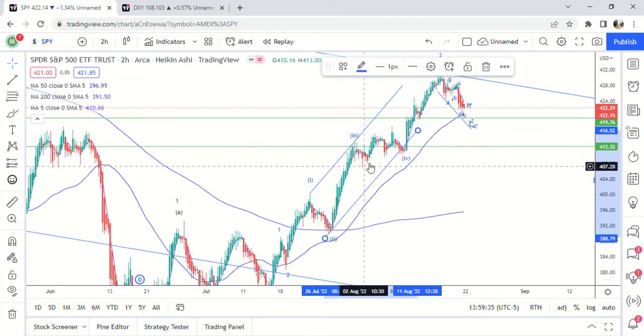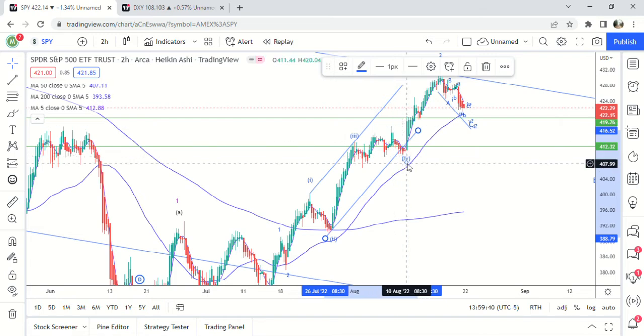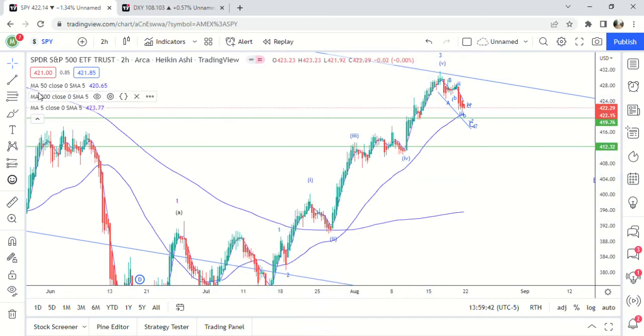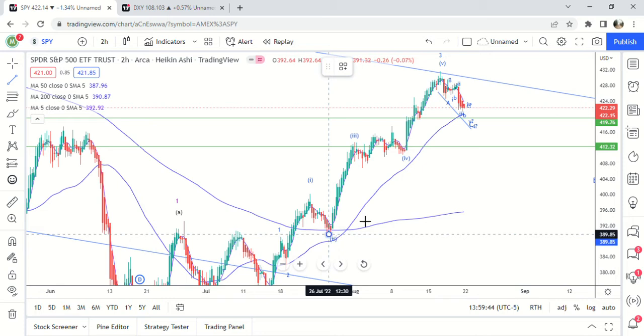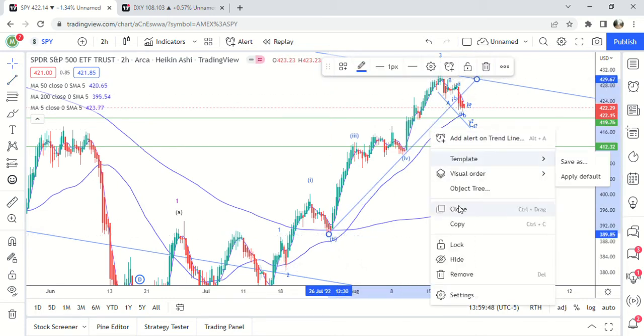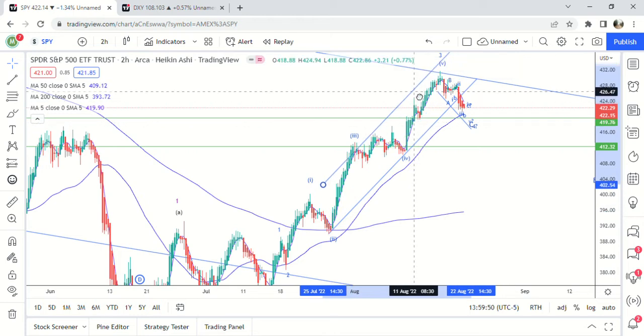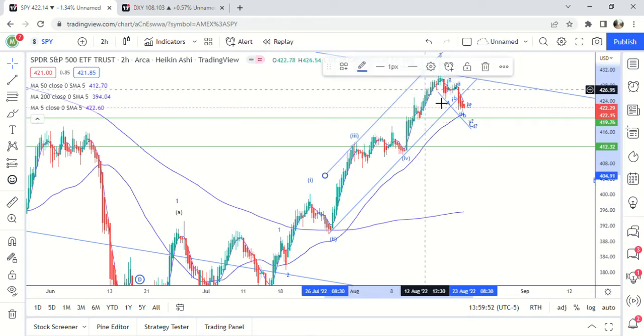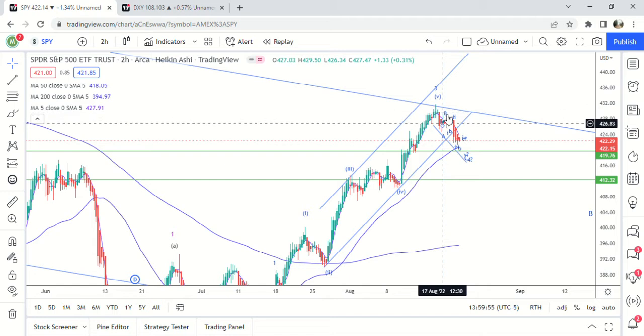So we have A, B, C, B, C, fourth wave. And then we have the second wave to the fourth wave. And as you can see, the fifth wave ends somewhere in the middle right there.